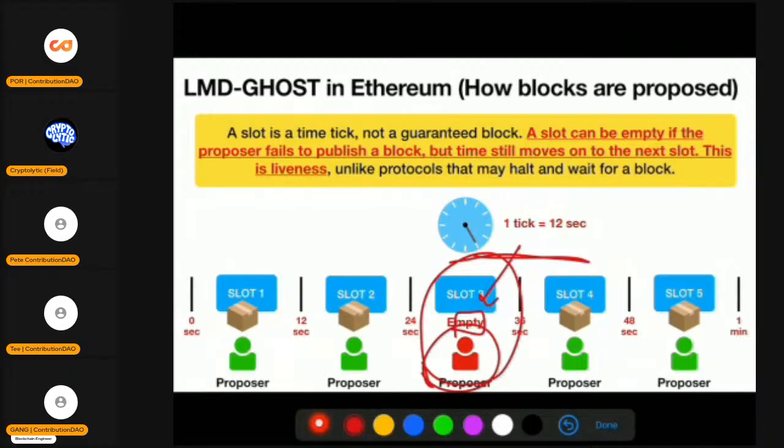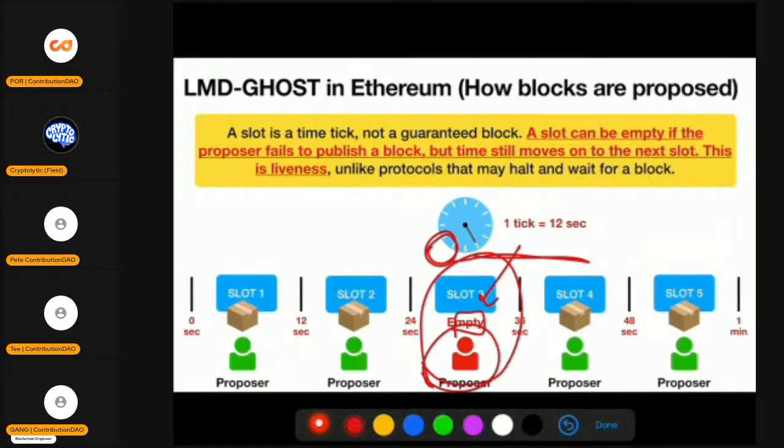Unlike other consensus protocols that focus on safety, in order to move to the next height or the next slot, they would have to repeat the round until a new leader or new validator comes in and proposes a block.